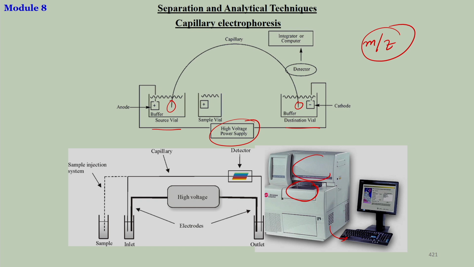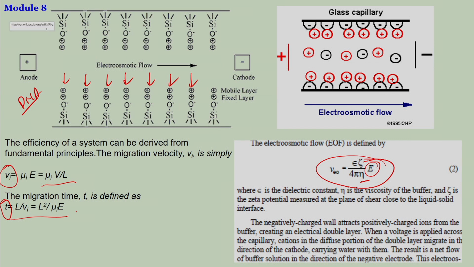The coating material on the capillary is usually silica, which is negatively charged, and if you fill the capillary with your buffer that has salts, the positive charge will interact here. So, that will give you a positive charge environment, and then you send your sample through it. According to the charge of the samples, there will be electroosmotic flow, and the molecules will move accordingly.